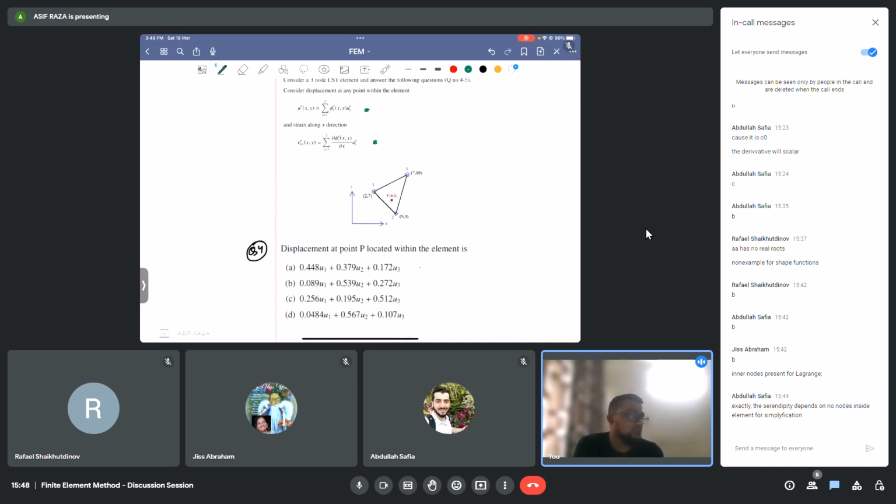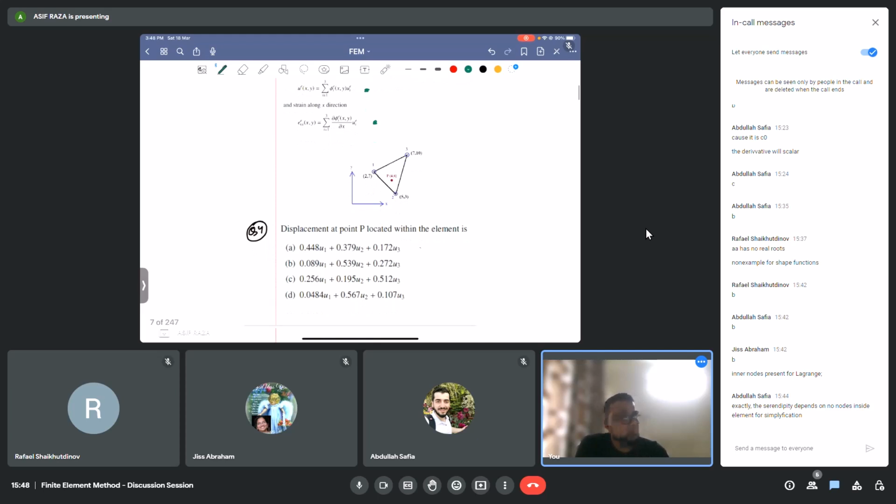In the assignment, you were given a more simplified right-angled triangle, but let the question here be in a general sense. So the question is, what will be the displacement at point P located within the element?